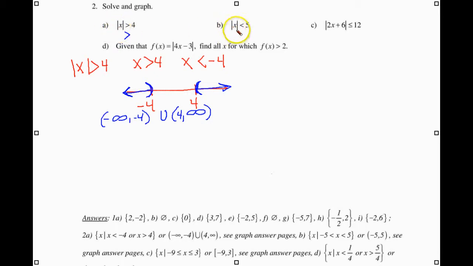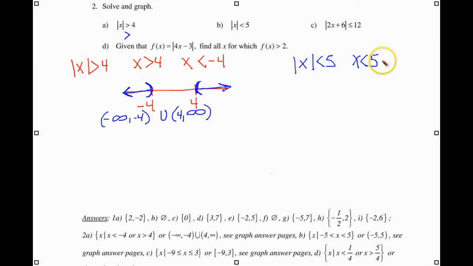Now notice for letter B, the inequality sign is reversed from here. It's absolute value of x is less than 5. Here we get a conjunction, and let me work that for you. So absolute value of x is less than 5 will become x is less than 5.